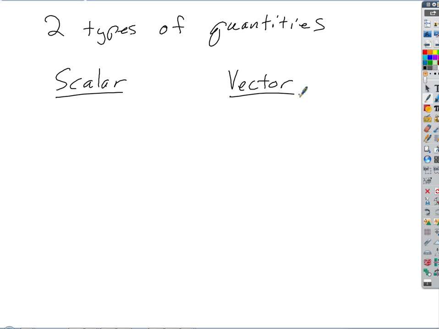Scalar quantities, remember what they are? Could be speed, when it doesn't have a direction, when all it takes is a number. All it takes is a number to describe the entire quantity. The word we use for number is magnitude. So it's only got one thing: magnitude.